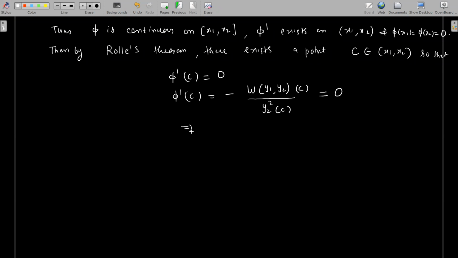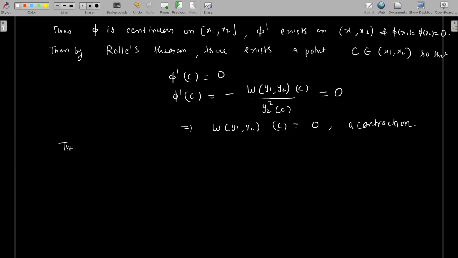So this means Wronskian of y1 and y2 at C, और C x1 और x2 के बीच में point है. So Wronskian is vanishing. Again a contradiction, as y1 and y2 they are linearly independent. So Wronskian cannot vanish at one point. If it vanishes at one point, then it will vanish at all points. Okay, तो contradiction है.